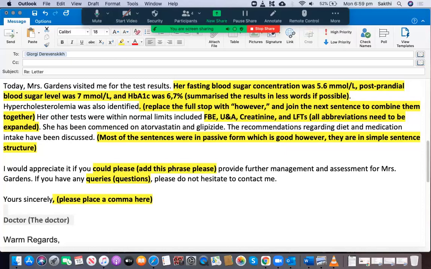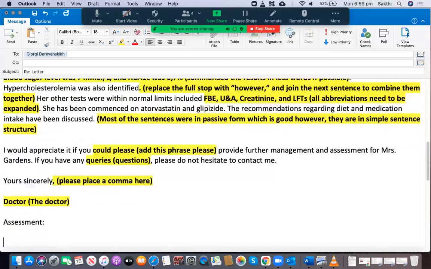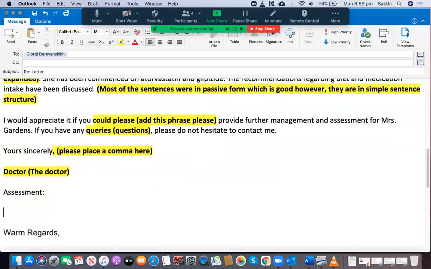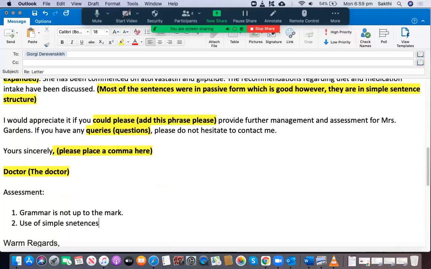All right. Okay, let's go through the assessment now. One thing is grammar isn't good, isn't up to the mark. Use of simple sentences alone isn't good.